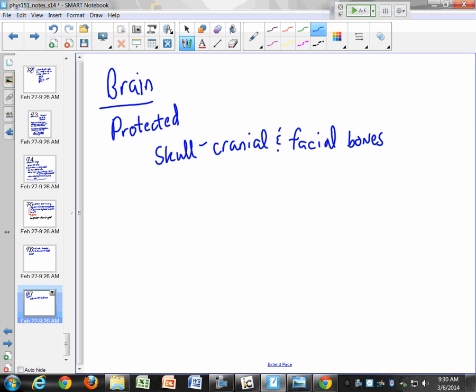Then there are the meninges. Am I saying that correctly? Meninges. These are membranes that cover the brain. There are actually 3 of them.